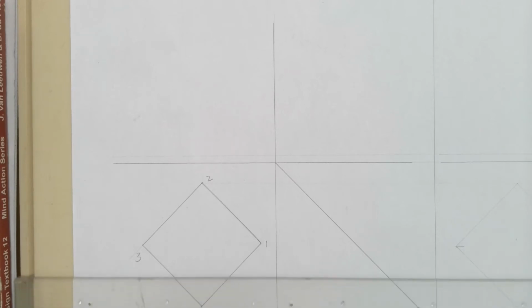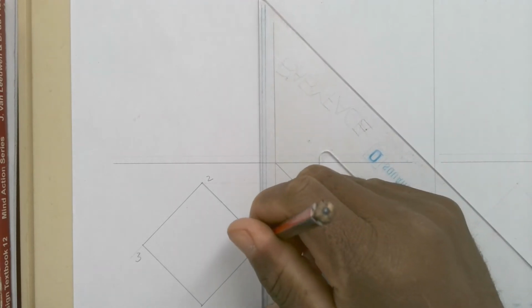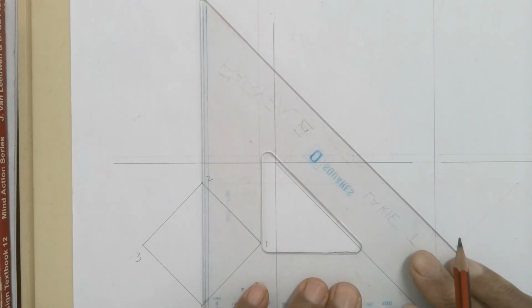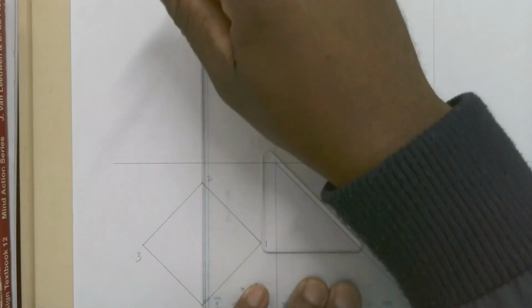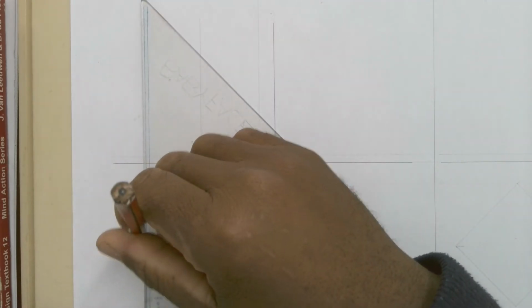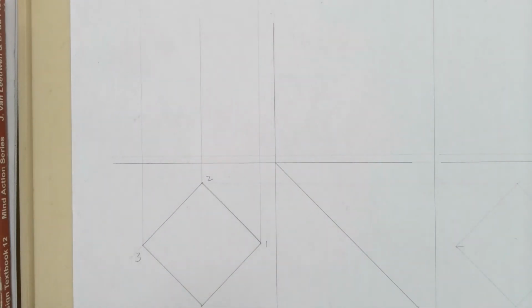Let's just use 70. So what then needs to be done is you need to project from number 1 up. Now look at 2 and 4. 2 and 4 are both in the same position. There's 2 and 4. Then we project number 3. It goes to the front view. So that's how it's going to be projected going up.